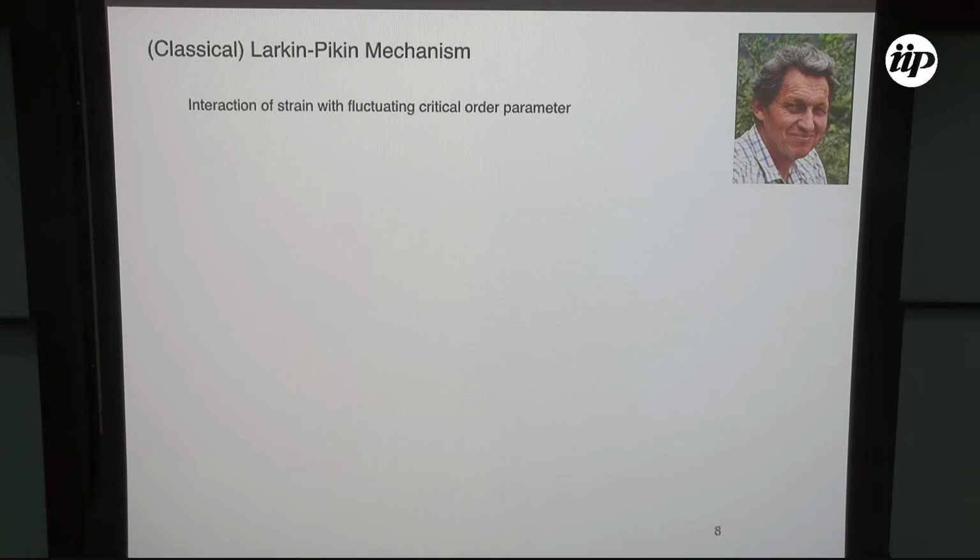Let's just review how this works. Let's first go through it conceptually. We have a system that has a diverging specific heat in a clamped system. Clamped system means I have fixed dimensionality. Then I unclamp it. It has a first order transition. This is due to a strain energy coupling that we'll talk about in a minute.